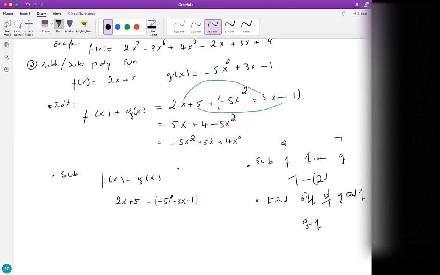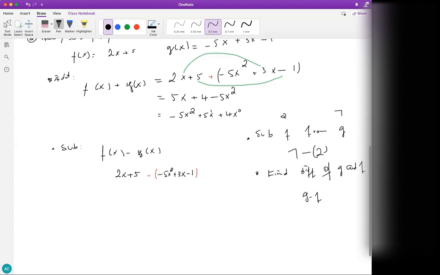Okay, this is g. We write it in parentheses. Since we're subtracting, all these signs will change because when we multiply these by this negative, which basically is a -1, all these signs will change. With addition, no need to change any signs, no need for parentheses either, just combine like terms right away.